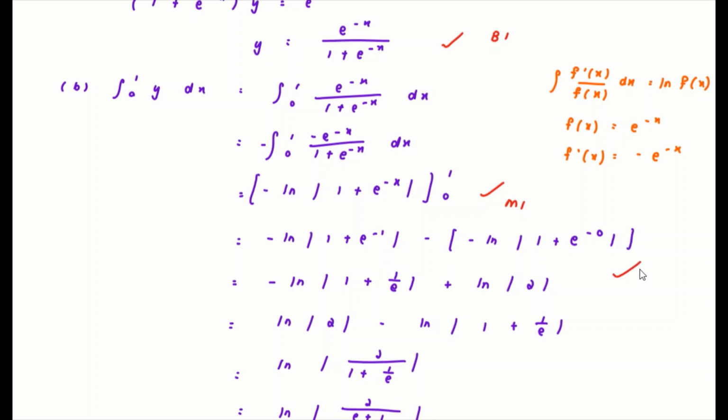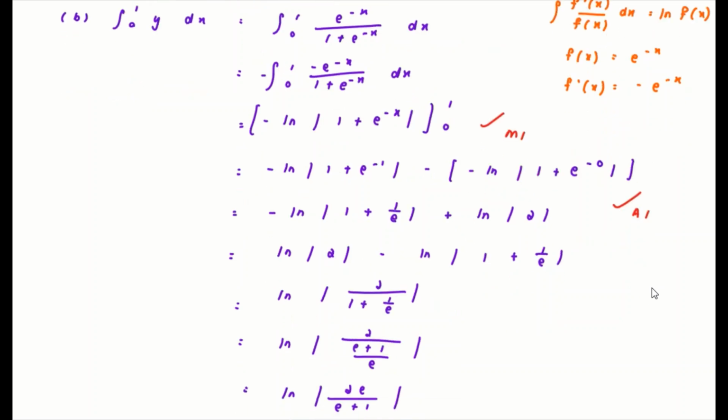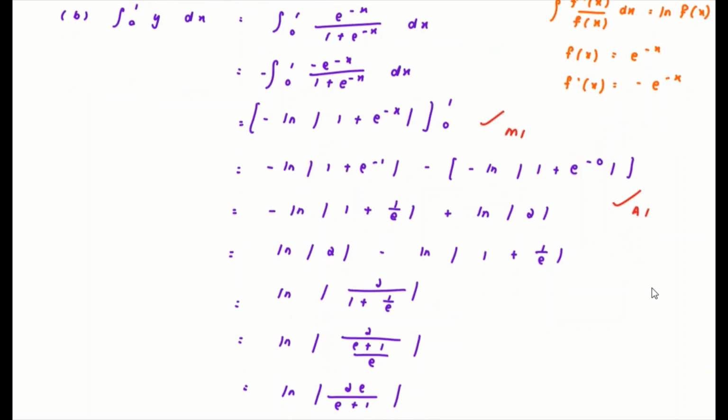So substitute everything correctly, you get another mark here. Then after that, use your limit. So continue to do your full working until you get your last answer. You'll be able to combine everything until you get the last point here. Okay, then you can get your last one. So it's 4 marks for this one.